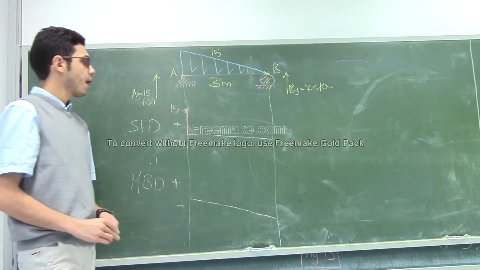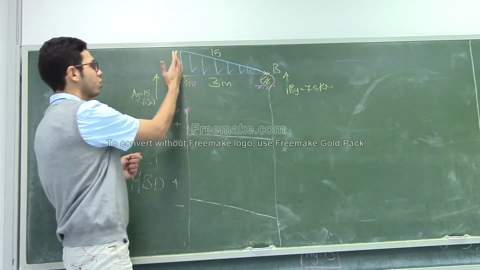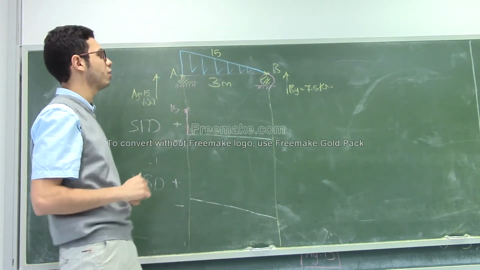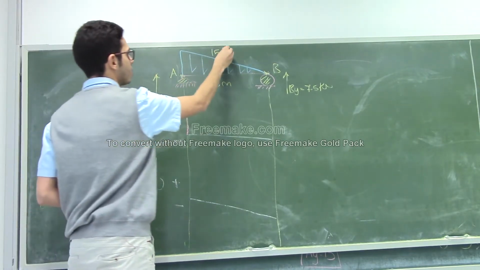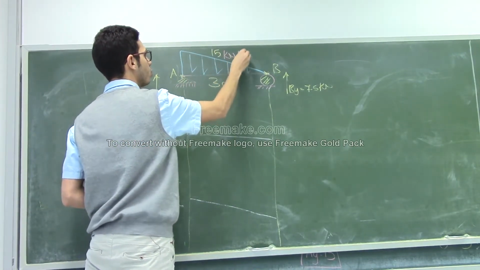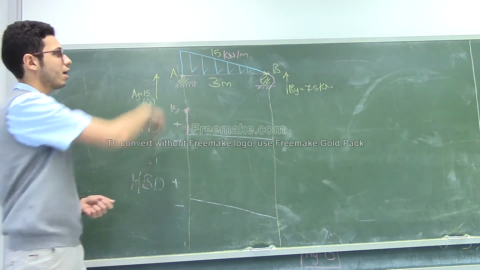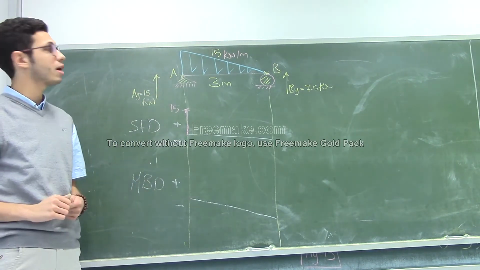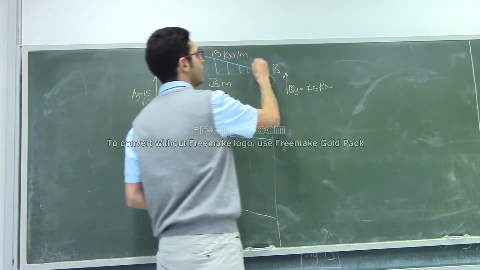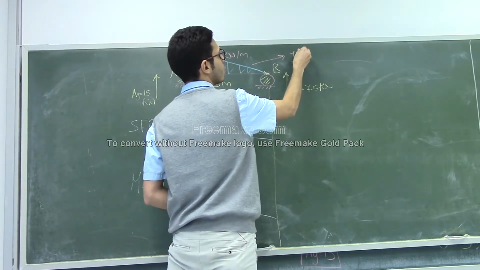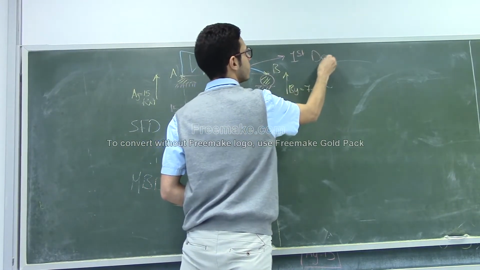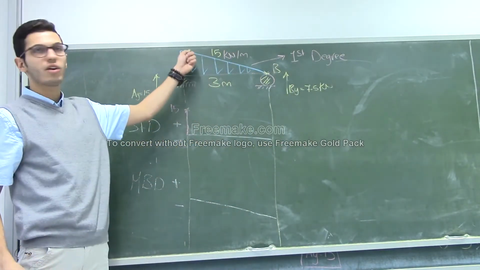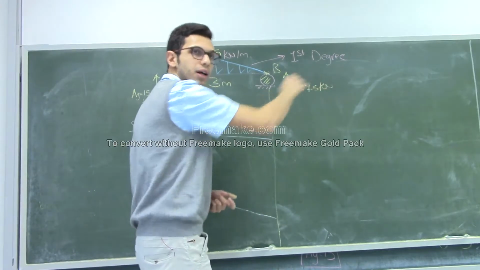After that, when I walk after point A, there is a distributed load. It's 15 kilonewton per meter, and it has a triangle shape. If you remember the last lecture, the triangle shape is a load of first degree, because it's a line, right?